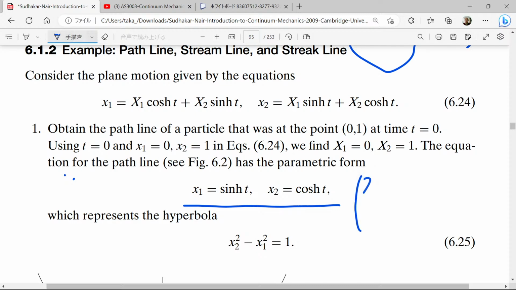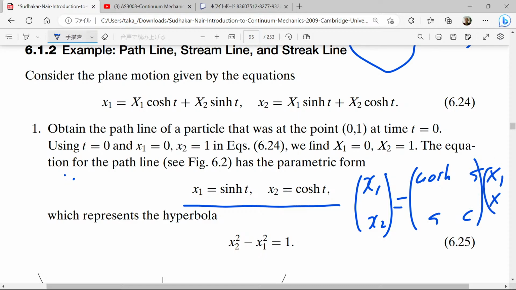We have x1, x2. This is a cos, sinh, cos, large x1, large x2.